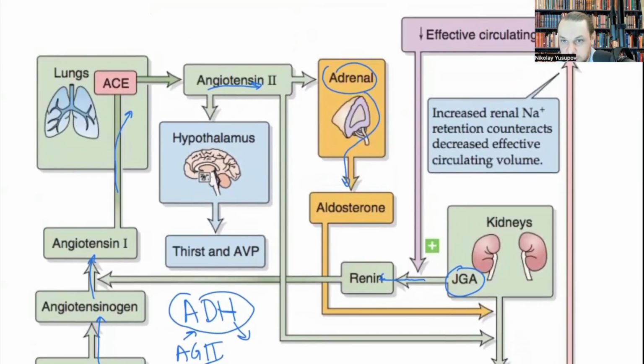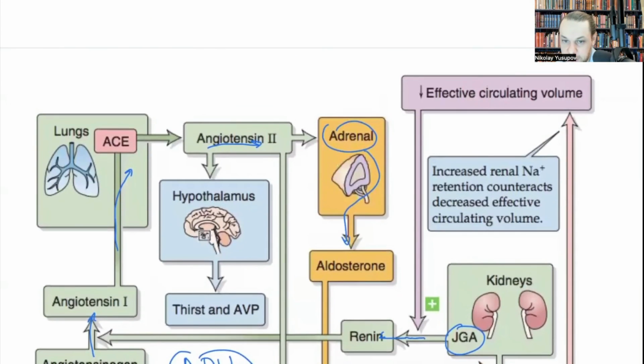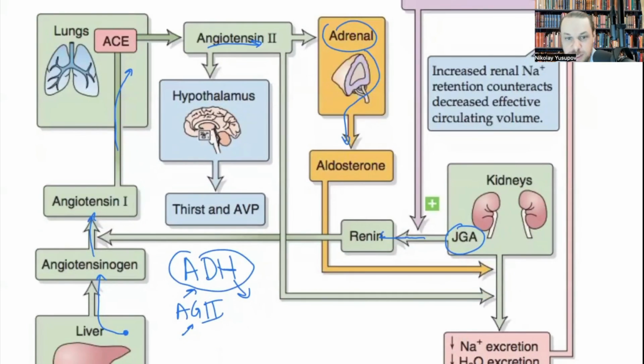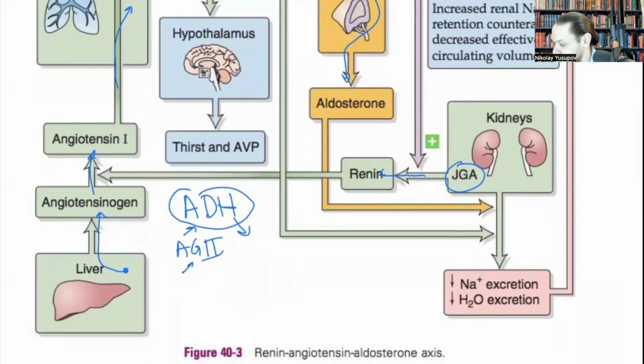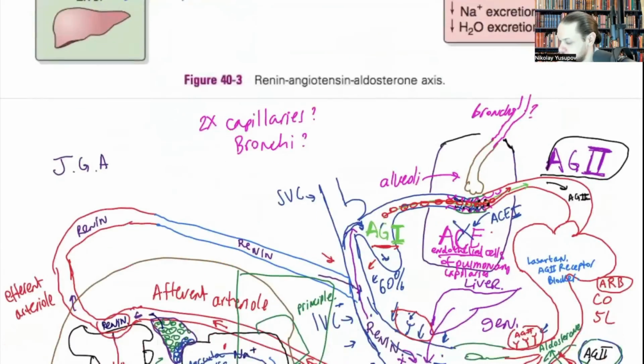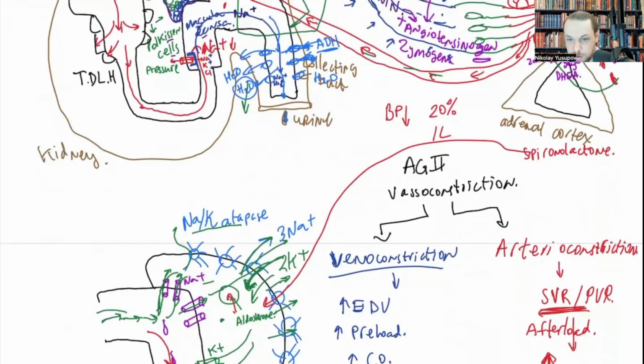This is basically your renin, angiotensin, aldosterone axis. Hopefully at this point there should not be any confusion. If there was any confusion before, I hope it's clear. Anyone still confused about the system? So hopefully that was clear.